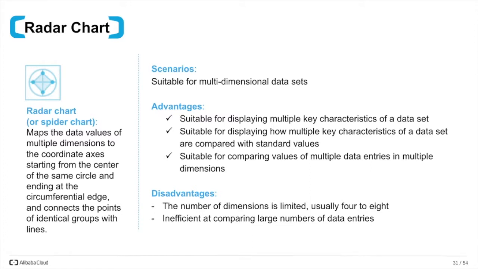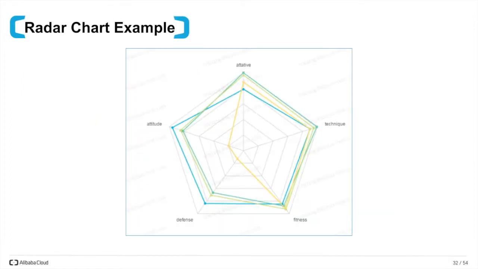Radar chart. If you play online games, I believe the radar chart is one of the best choices to represent a player's attributes. For example, you want to measure a football player or a fighter.